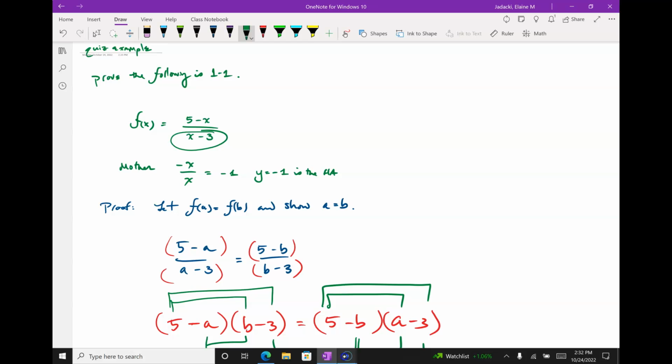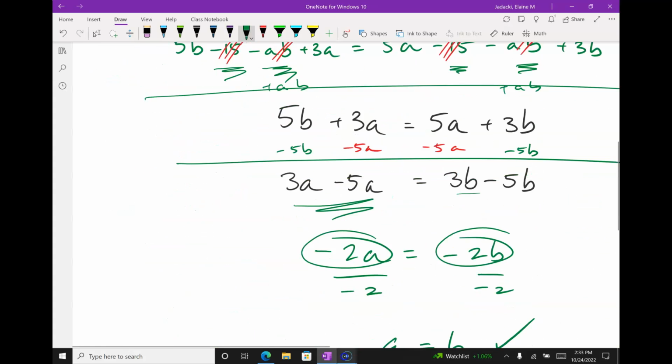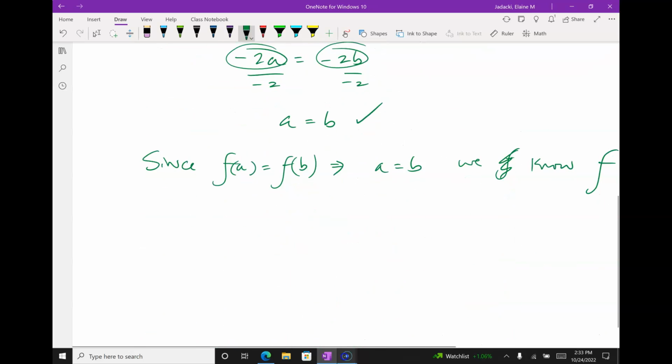So what makes downstairs 0 is 3. If I plug 3 in upstairs, I get 2. So vertical asymptote. Right? All this stuff has to go on your formula sheet, because it's too much to remember. Yes, I can show you that again today.